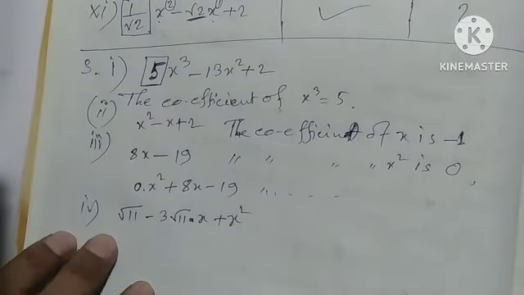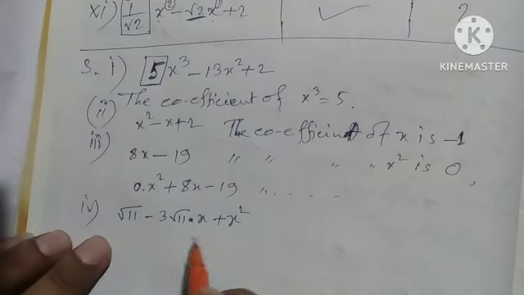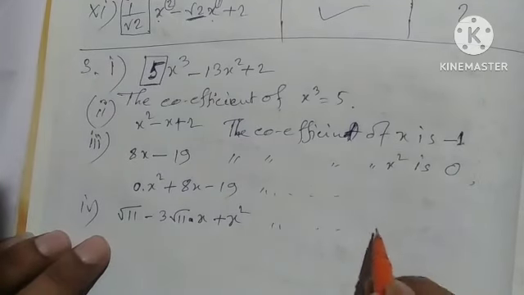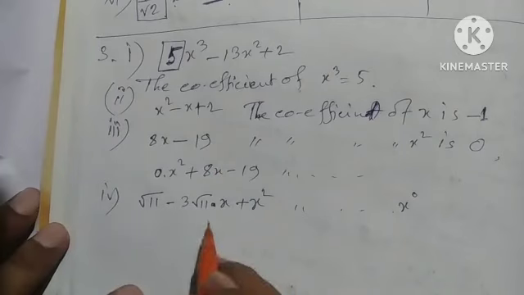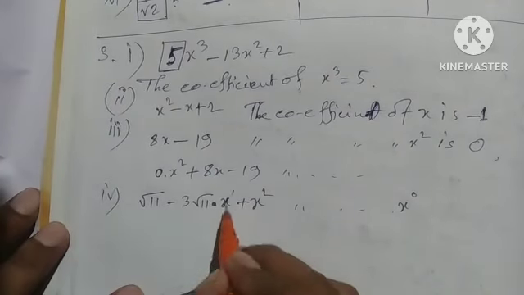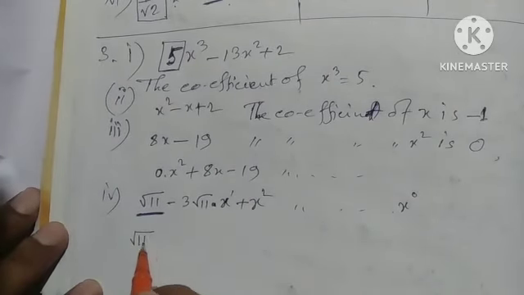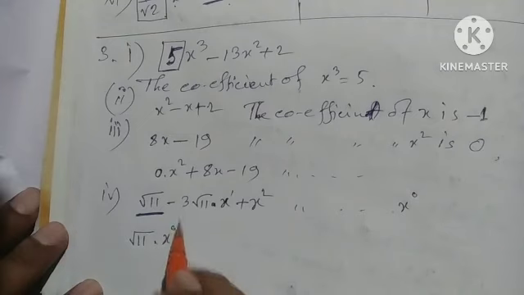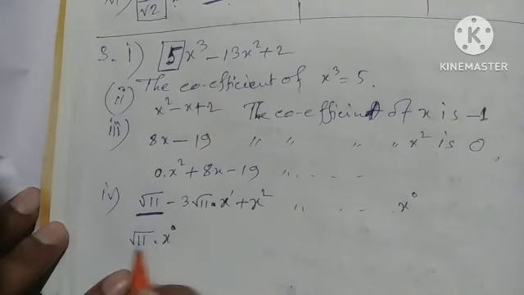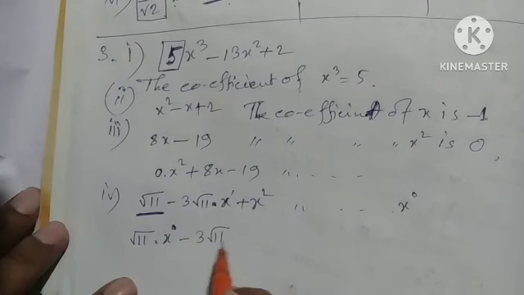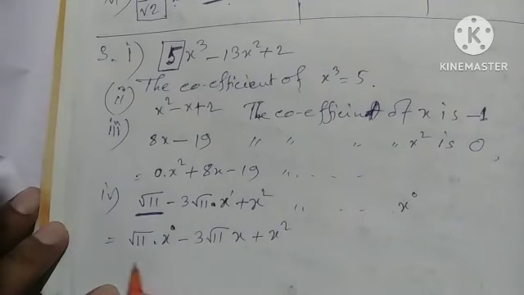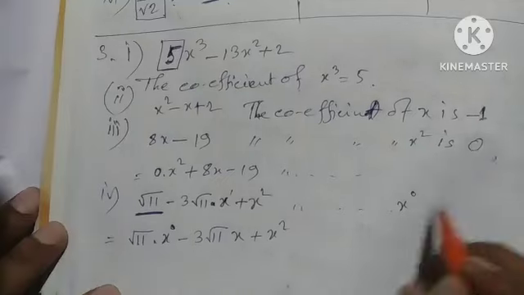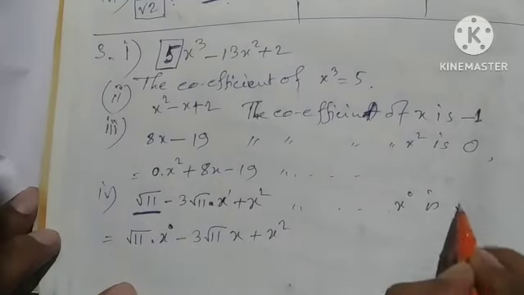The coefficient of x to the power 0 is the constant. Root 11 into x to the power 0, and x to the power 0 means 1. Therefore you can write root 11 into x to the power 0 minus 3 root 11 x plus x square. That means the coefficient of x to the power 0 is root 11.